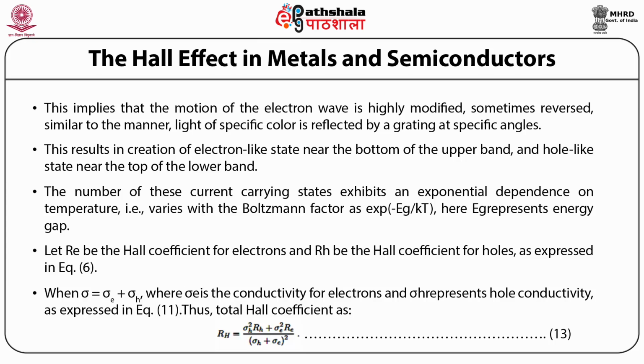Thus, the total Hall coefficient, that is RH, is equal to sigma H squared into Rh plus sigma E squared into Re, divided by (sigma H plus sigma E) squared. This is represented as equation 13.